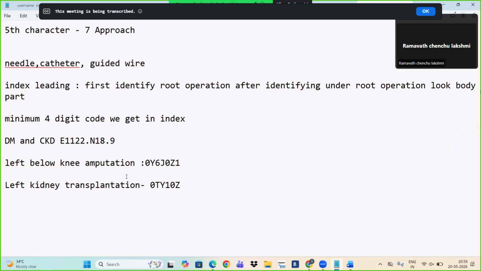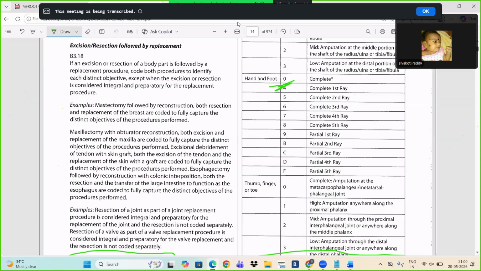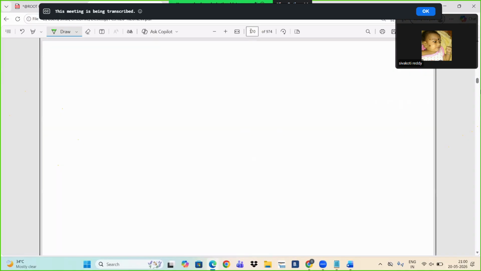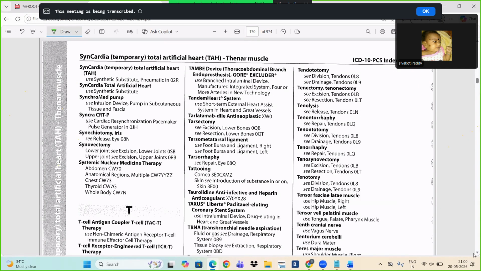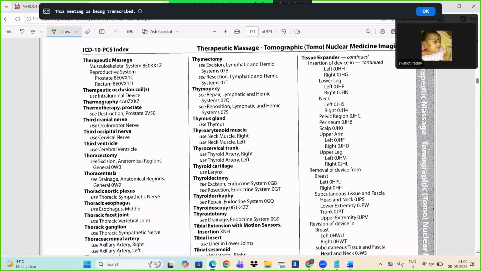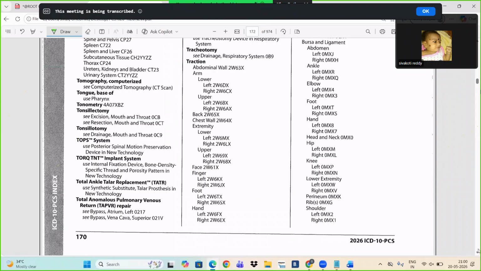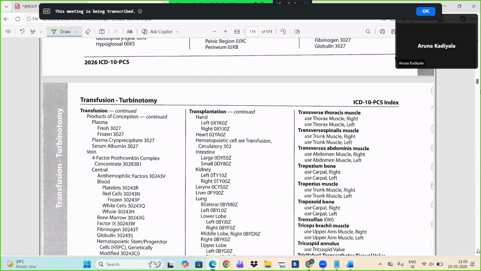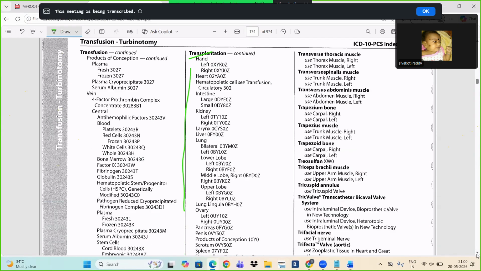Yes. If you observe the index for all the locations, you are getting 6 digits in the transplantation heading, correct? For all body parts, you are getting 6 digits, right? Not only kidney, heart, liver, all are given 6 digits. We just need to identify the 7th character.